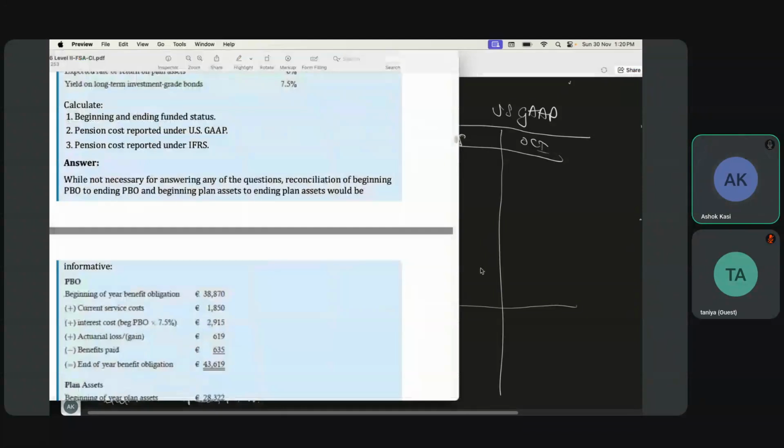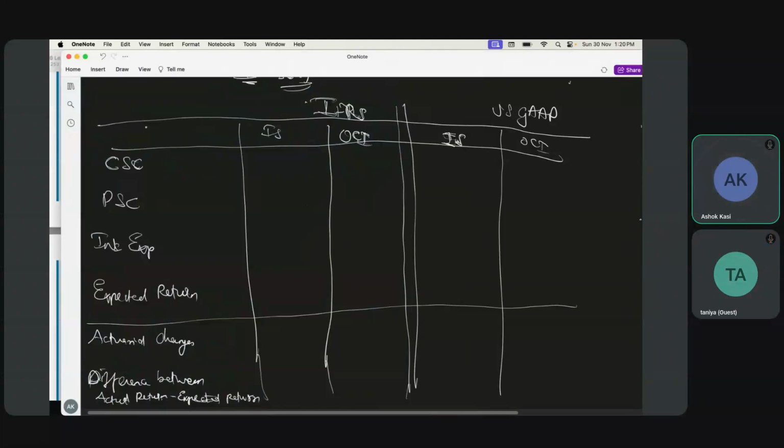So first of all, what is CSC? It is 1850, so 1850 in income statement. PSC is 0. Interest is 2915. Expected return: opening assets into expected return rate, 7.5, that is the discount rate.